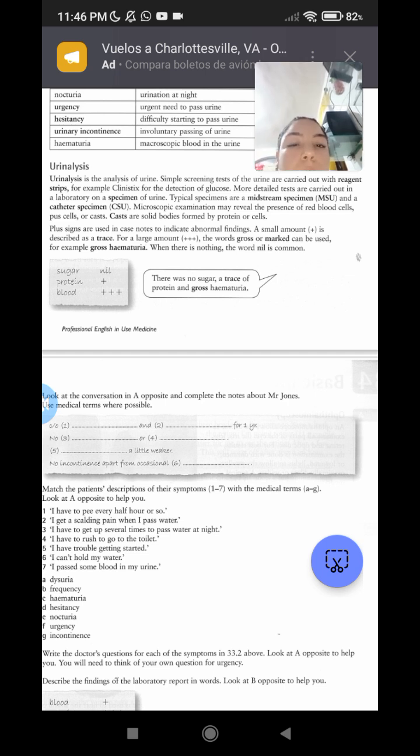The word gross can be used, for example, gross hematuria. The word nil is common when there is nothing. Sugar nil is common. Protein plus, blood plus. There was no sugar. A trace of protein, gross hematuria.